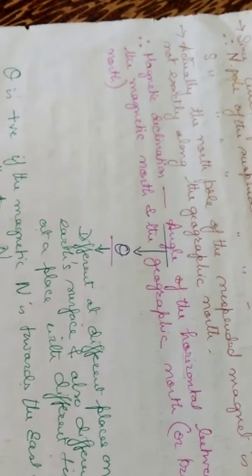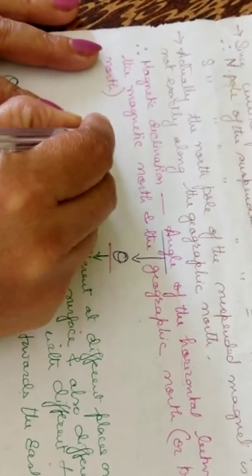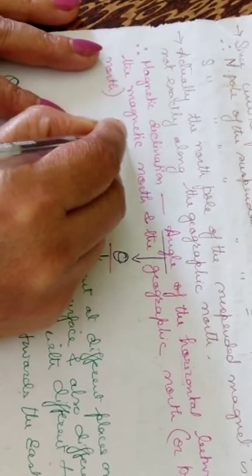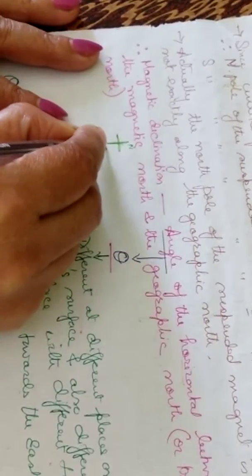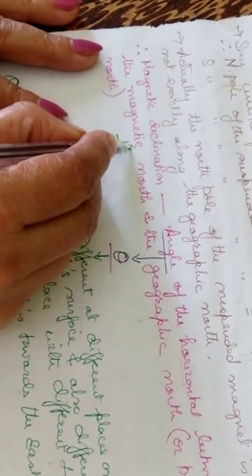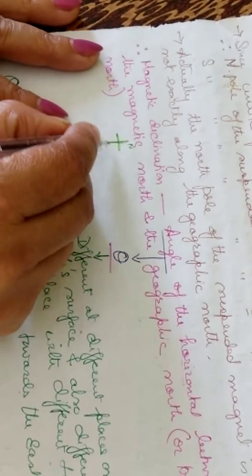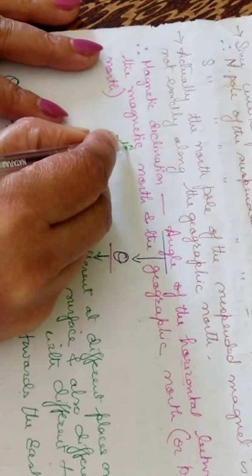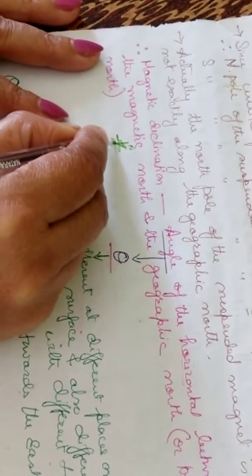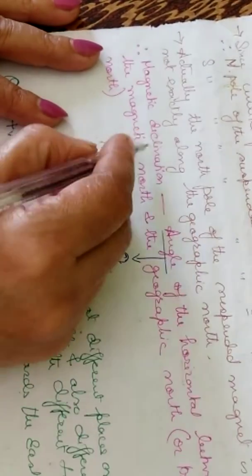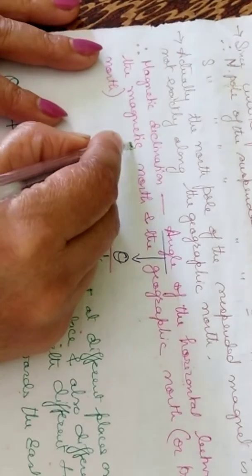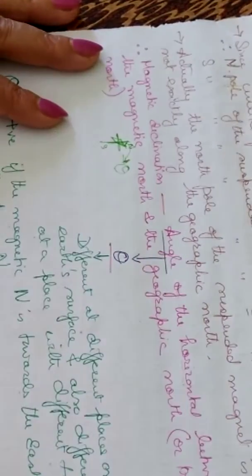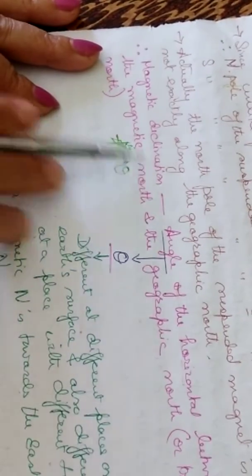So if this is the suspended needle, we know that this is north and this is south. When we suspend the magnet, we will see that it is inclined slightly away from the geographic north. This angle is called theta, or magnetic declination.